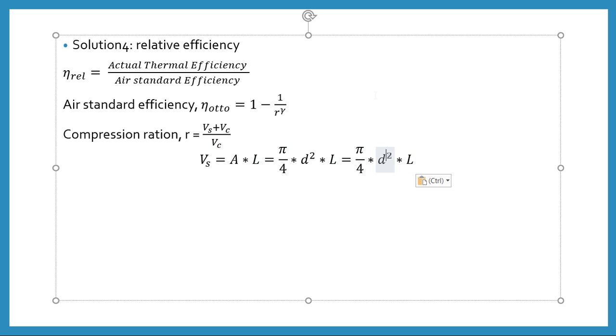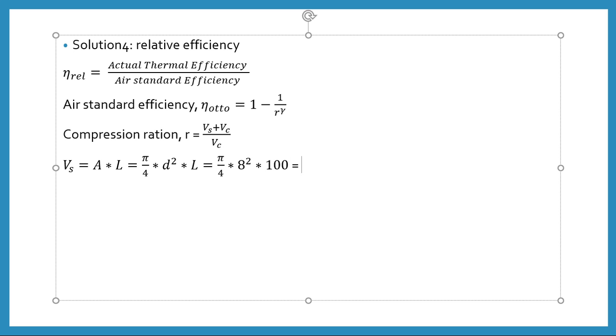The d means the bore diameter. Here the diameter of the bore is given, that is 8, and L is given, that is 100. So from here we get the value of pi by 4 into d square into L.